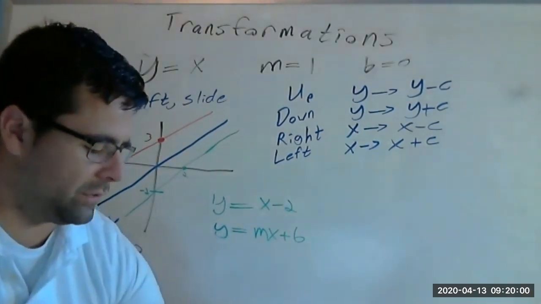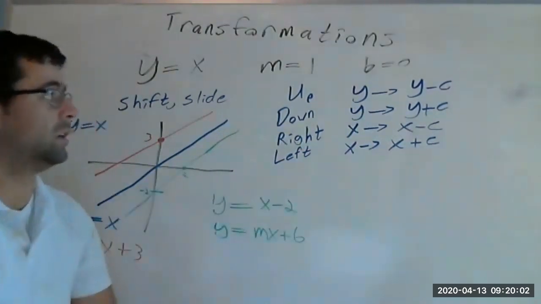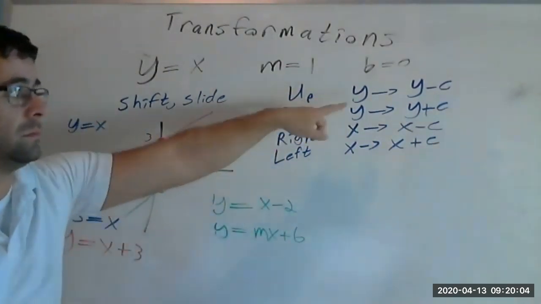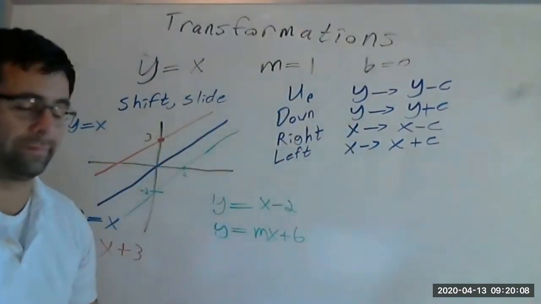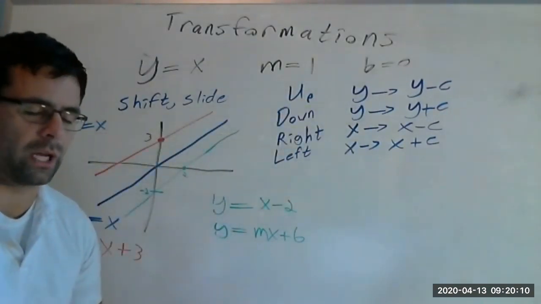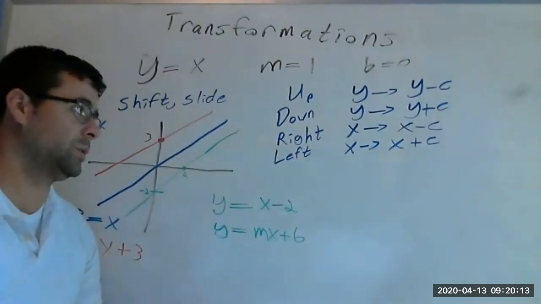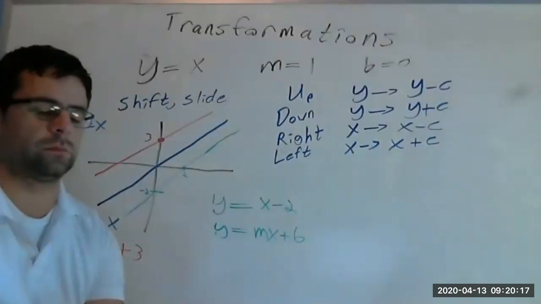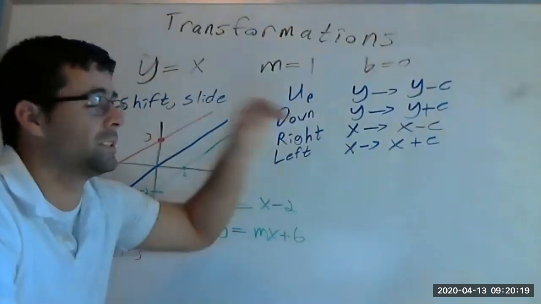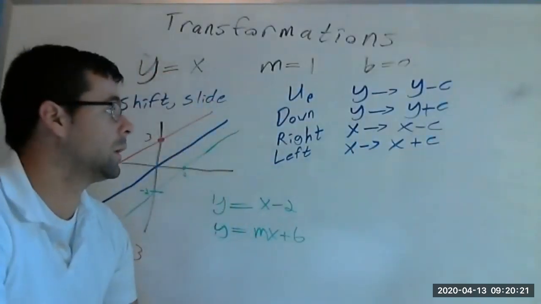Whenever you shift up, you take your y and you replace it with y minus however much you're going up. If you're going down, you replace y with y plus however much you're going down.